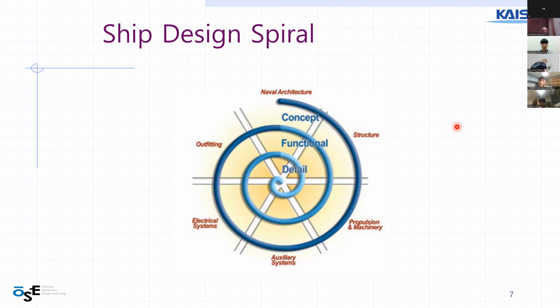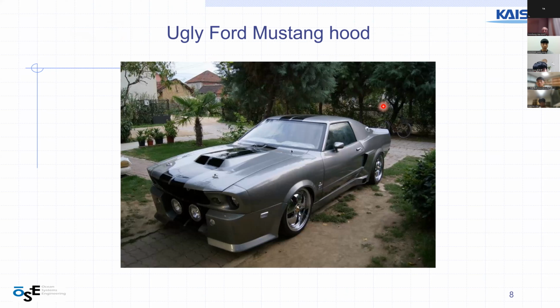This figure is the ship design spiral. Everything does not proceed in a single sequence, but in cycles. Ocean plant design is similar. Let's see the picture. This car is the Mustang. It was notorious for its ugly hood.